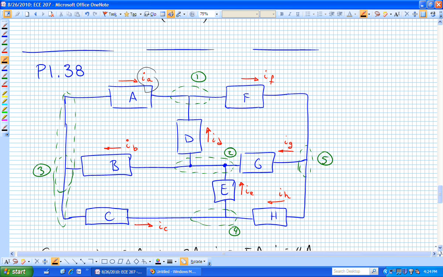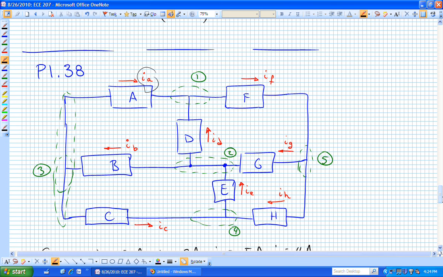The way I've drawn I sub H is into. And so all the currents going in I'm going to call positive. Any that are going out will be negative. In this case, I have I_C in, I_H in. Those are both positive. Going out is I sub E. I sub E will be minus. Any other questions? Did that answer your question?